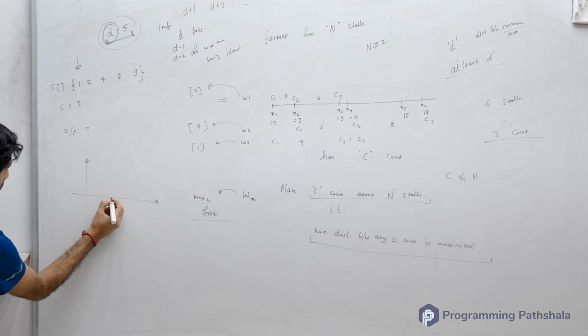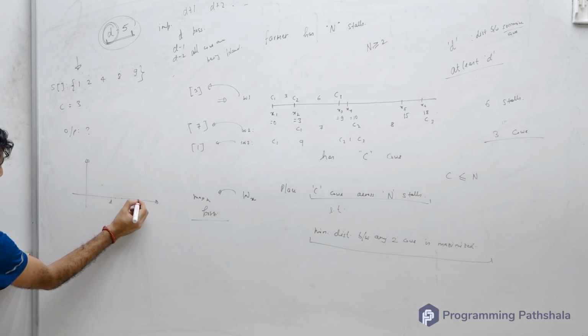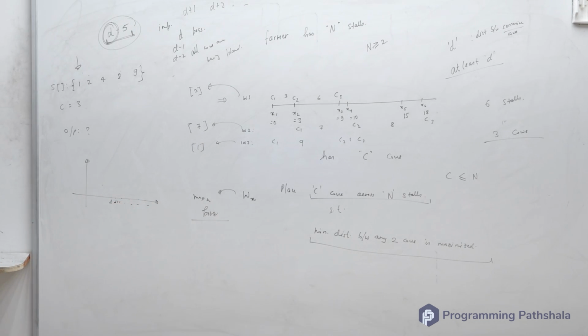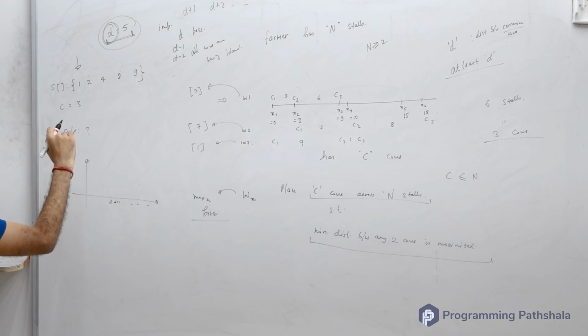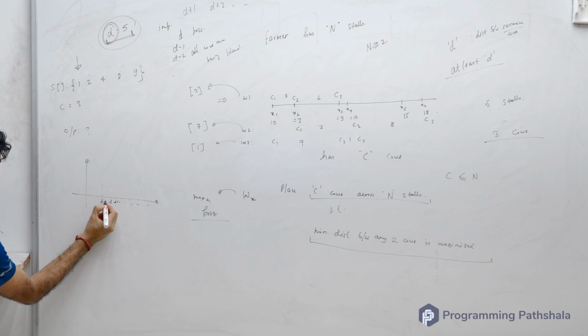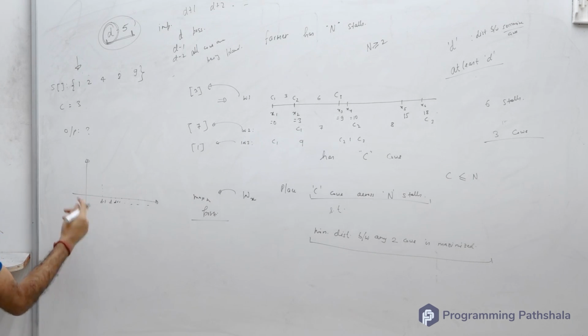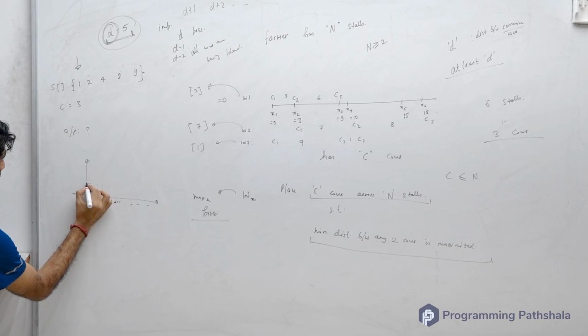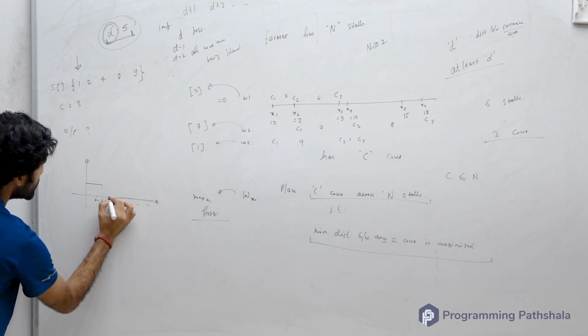So let's say it was impossible to place them at a distance of D, then will all the other values also be 0? D plus 1, D plus 2, all of them will be 0. And if it was possible for me to place the cows at a distance of at least, let's say, D minus 1, it would have been possible for other values also, D minus 2 and so on. So this function is also monotonic.